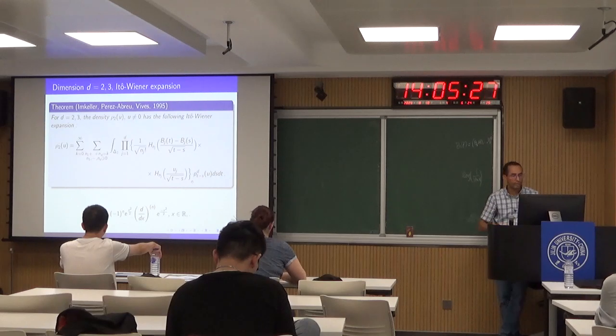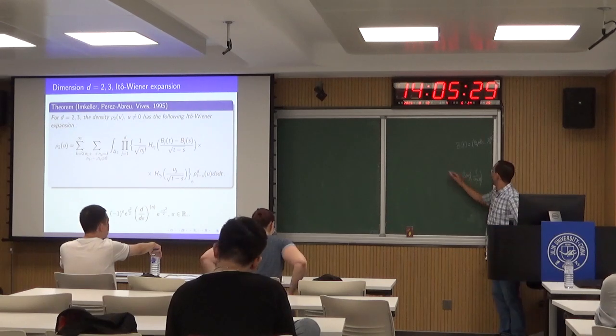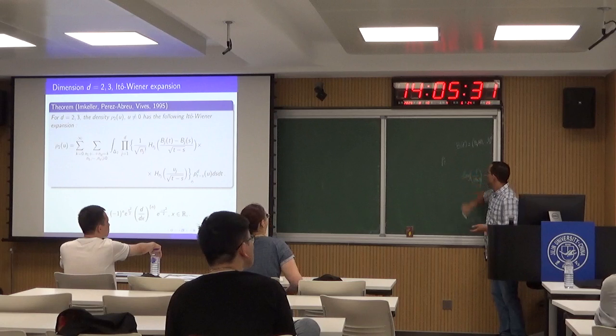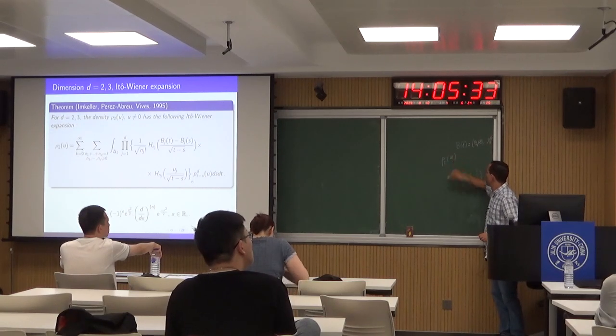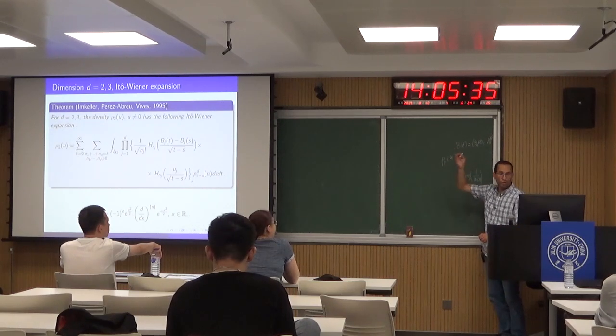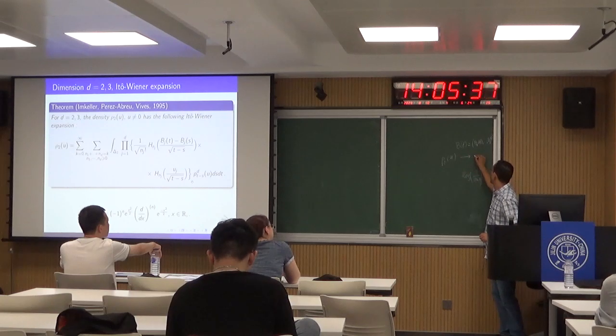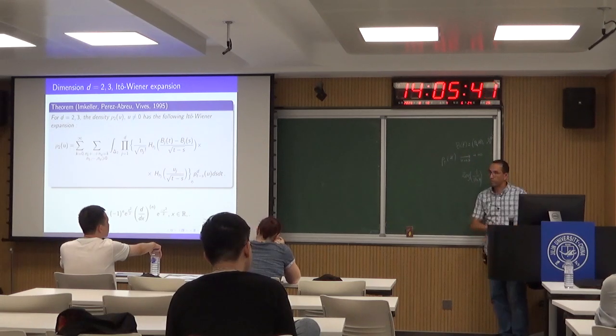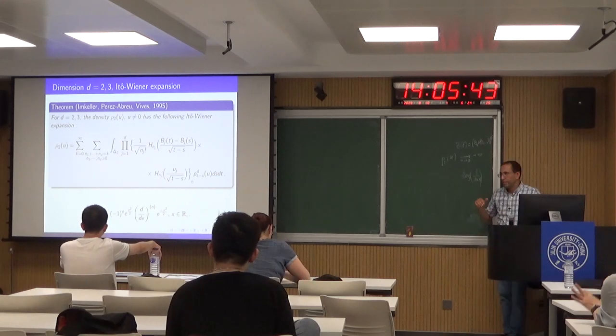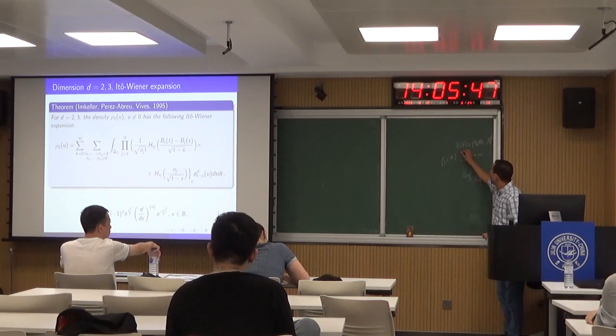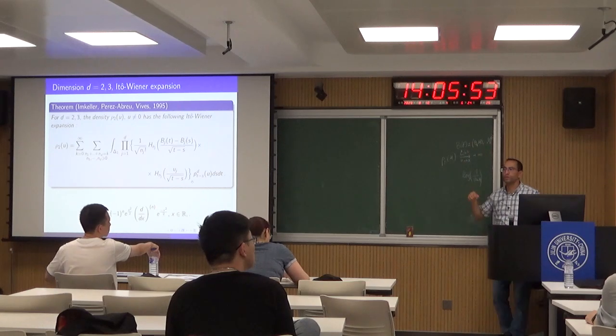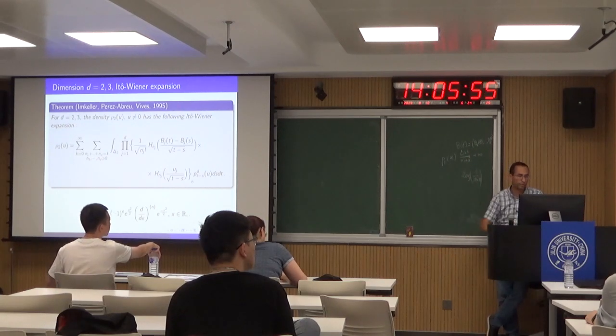Okay? So I remind you that rho_2 of u, we are in dimension 2 or 3, tends to plus infinity when u tends to 0. Okay? We want to understand this, the convergence here is in L2 and possibly also almost surely, if you review the results that I showed yesterday.